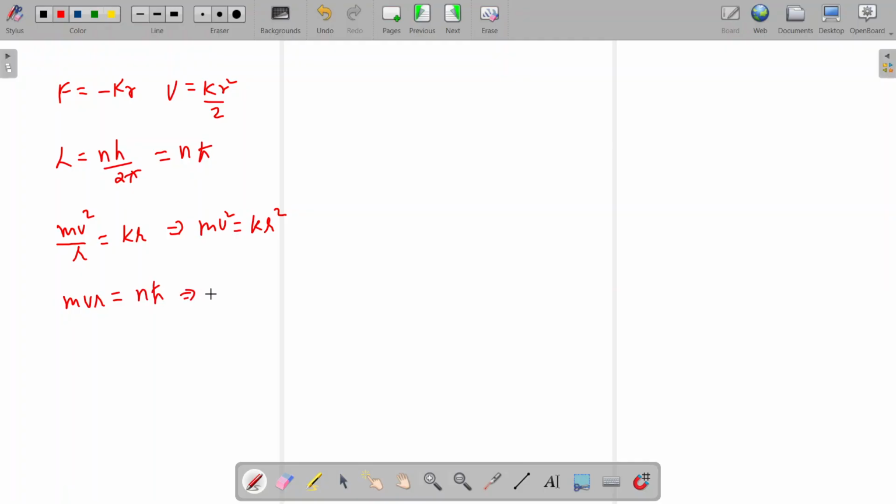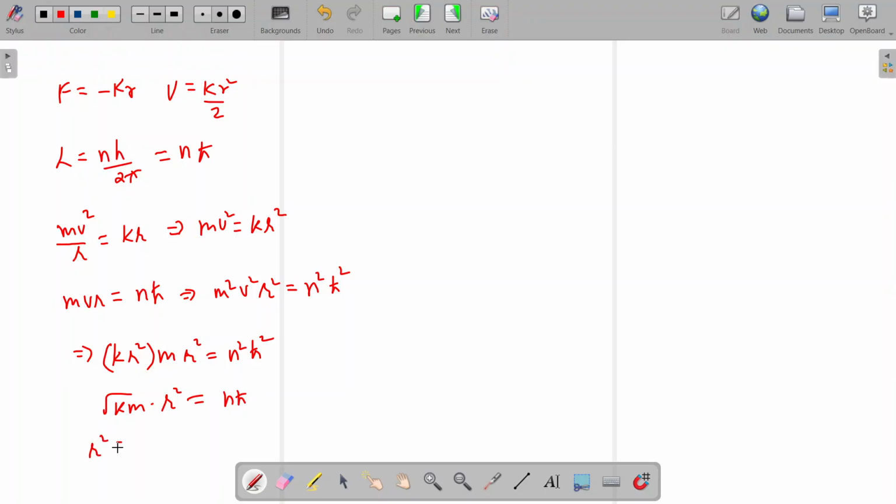If we square velocity here, we'll get m square v square r square is equal to n square h prime square. So this implies kr square into m into r square is equal to n square h prime square. So square root km into r square is equal to n h prime, or r square is simply n h prime divided by square root km.